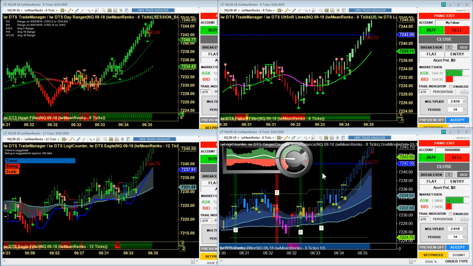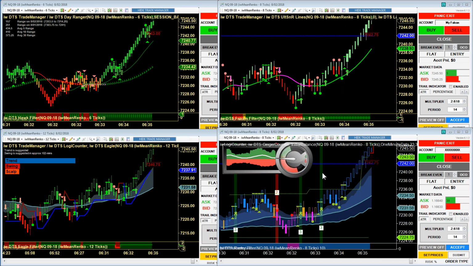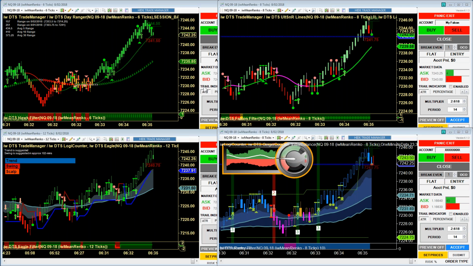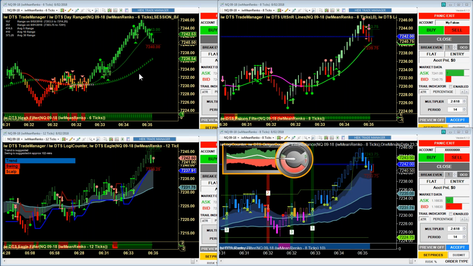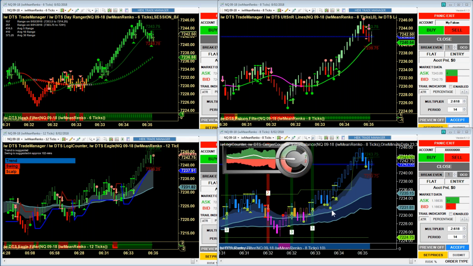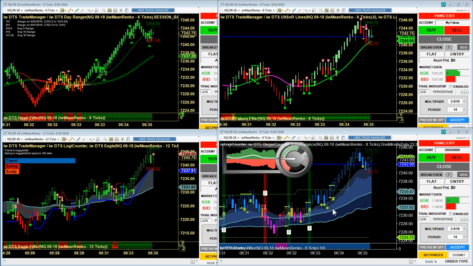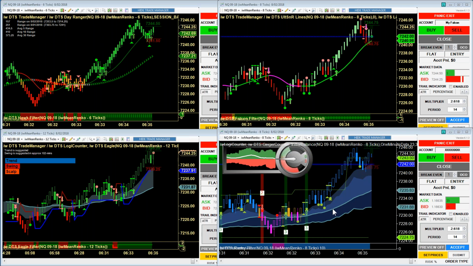The Raptor is essentially a hybrid of the other three trading systems. The Raptor incorporates elements of the Hawk scalper, the Falcon swing trader, and the Eagle trend trader into one trading program. Why?